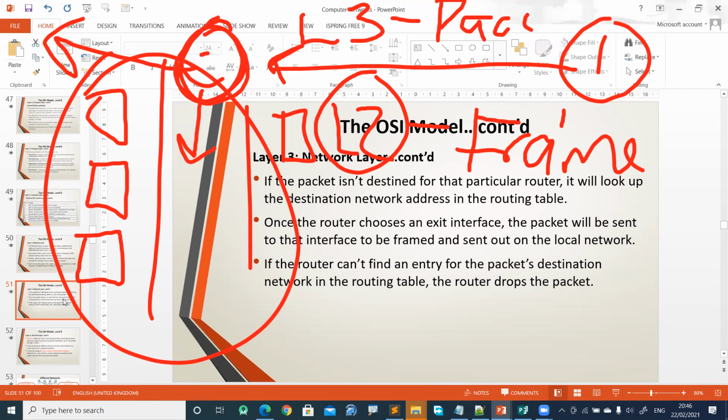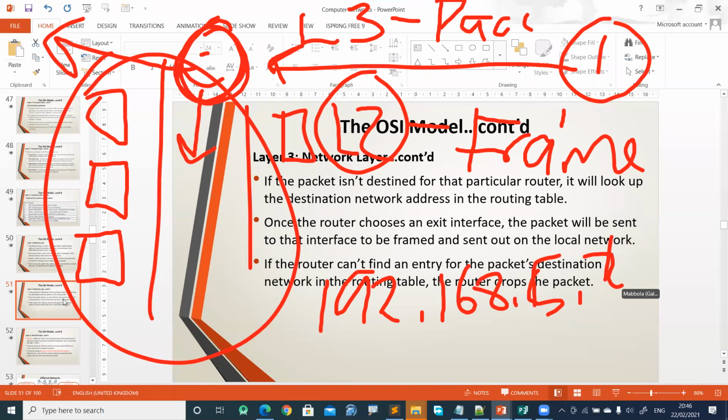Okay, now let us check. Say for instance the recipient house was 192.168.1.5.20. It has to counter check. Okay, this one, yes, we have it. But let's counter check, what is the MAC address?